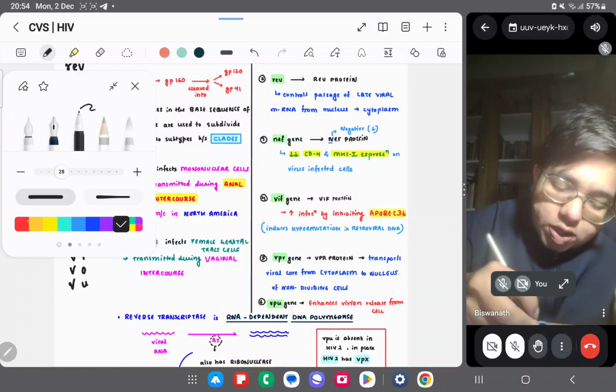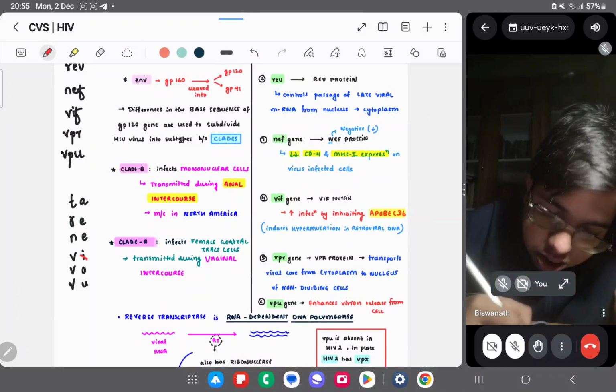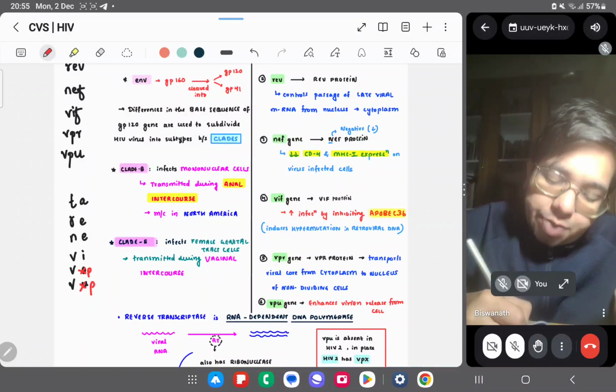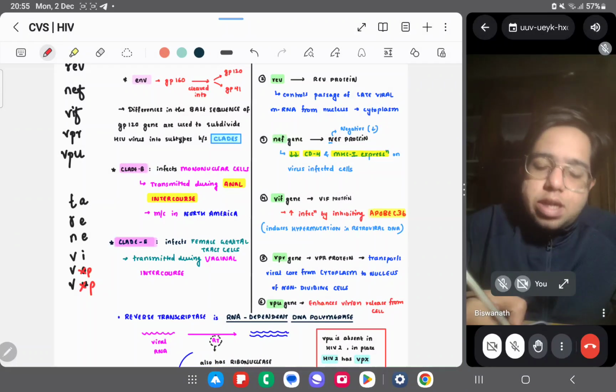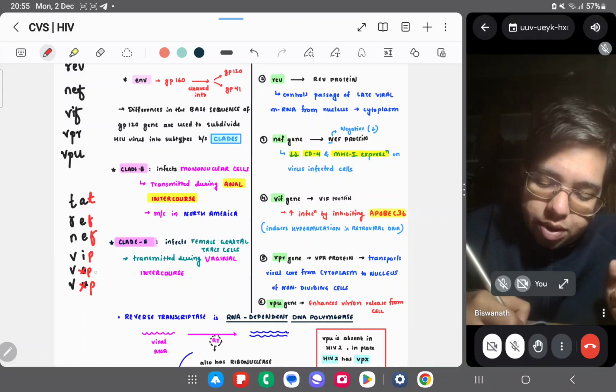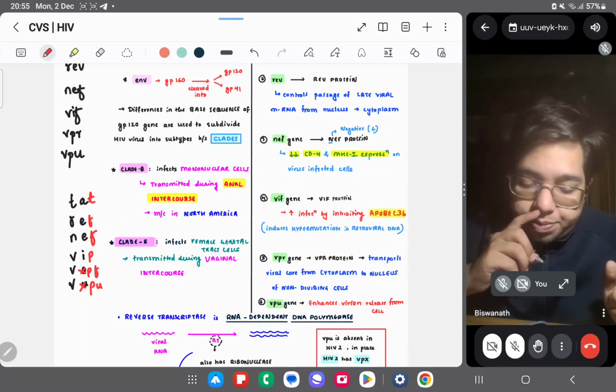You can just cross it. You can just cross this right here. PP. Now you can guess the other letters. So we have TAT. You have REP, NEF. BIP, BPF, PPU. Right.